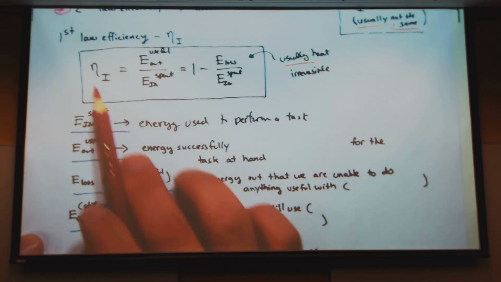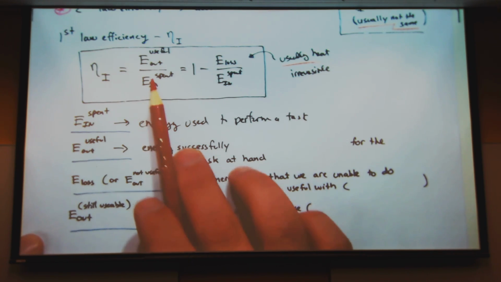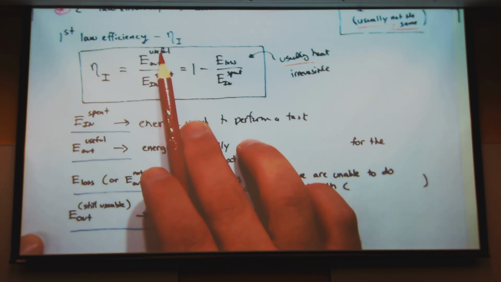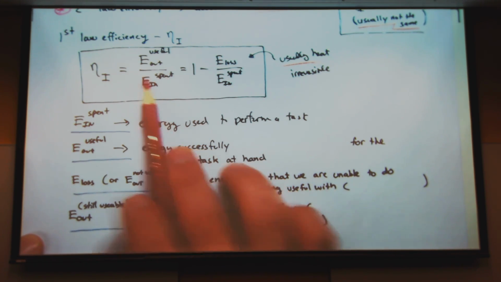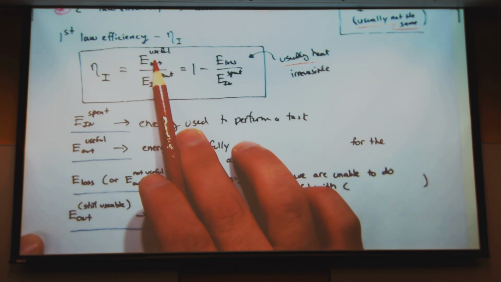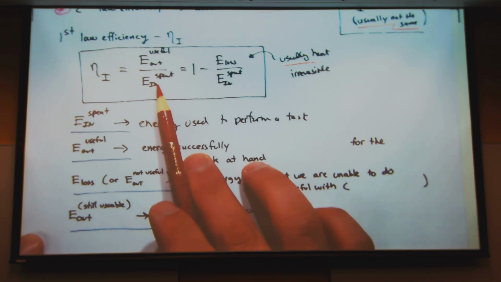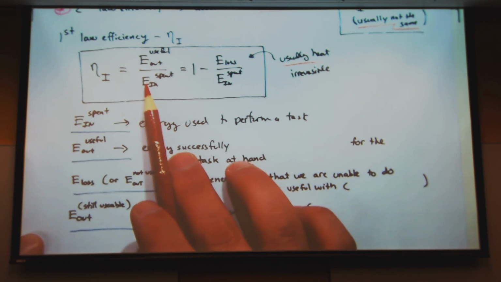That's a standard way of looking at it. In the book, they put energy out and energy in, and they don't really say useful or spent. Then for different situations, they replace these with what is actually energy out useful and energy in spent. I'll get to a couple examples with the turbine and pump.